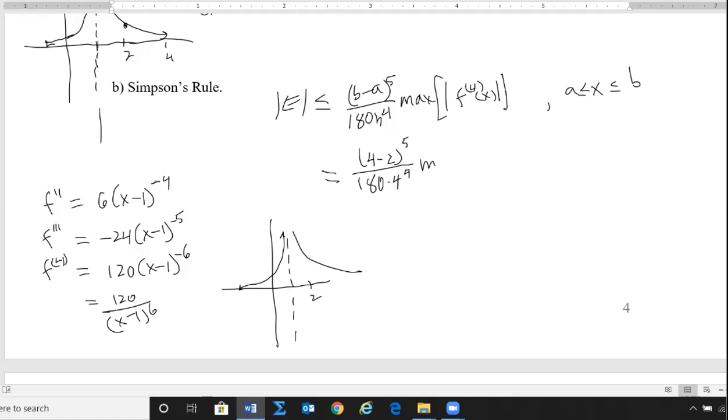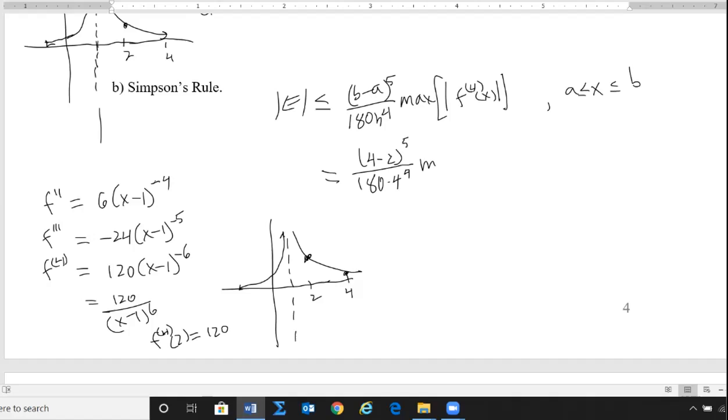So between 2 and 4, we can see that there will be a maximum at the left endpoint at 2. So when x is 2, that gives us our maximum. When you put that in there, you're going to get 120. So that's as big as it can possibly be.